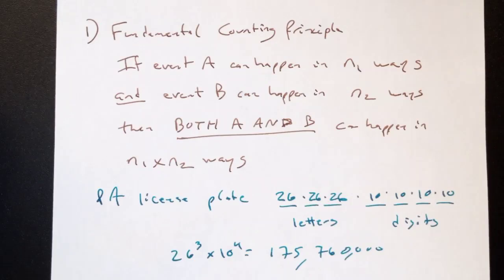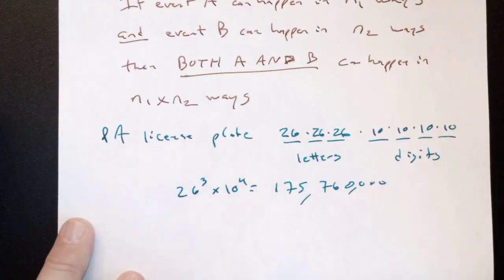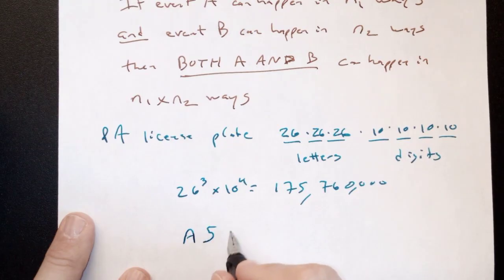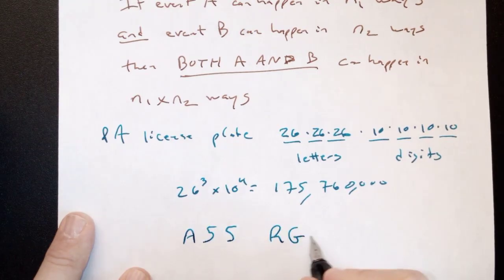I am quite particularly reminded of this because I grew up in the state of Florida. The state of Florida had license plates that were 3 and 3, but you could mix letters and digits anywhere. And I got behind a car whose license plate read A55RG4.